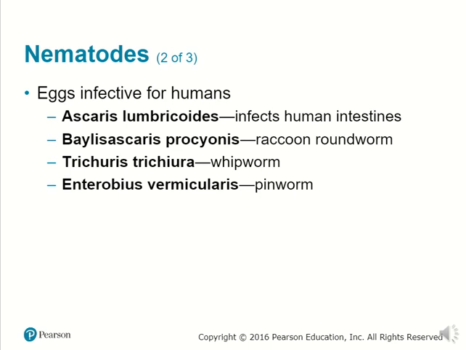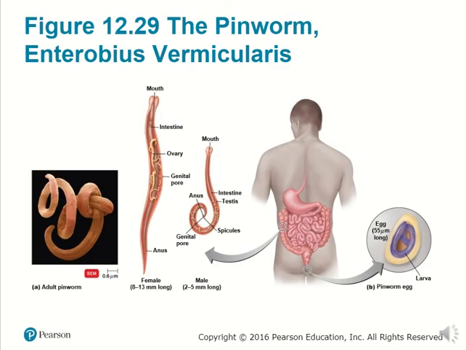Examples include Ascaris lumbricoides, which infects human intestines, Baylisascaris procyonis, which are raccoon roundworms, Trichuris trichiura, which are whipworms, and then Enterobius vermicularis, which are pinworms. Again, very nasty parasites.